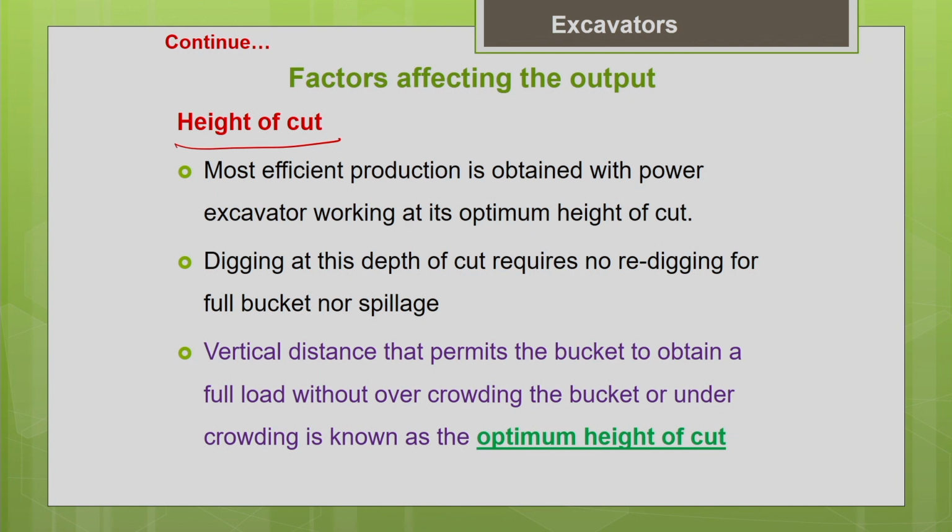Every shovel can give its maximum or optimum productivity at a particular height of cut of material. The machine will give you optimum productivity only at the optimum height of cut, and that optimum height of cut depends upon the dimension of your machine.